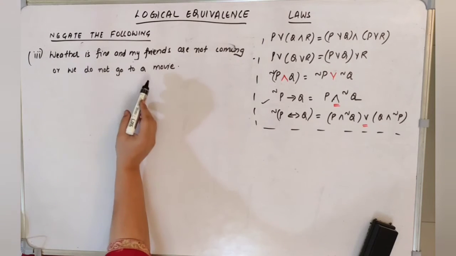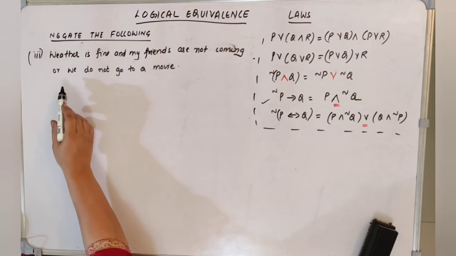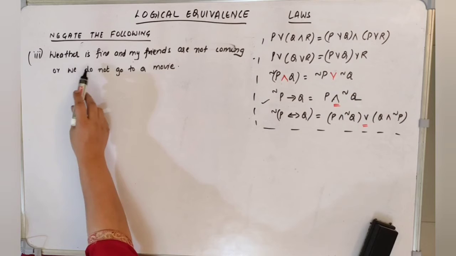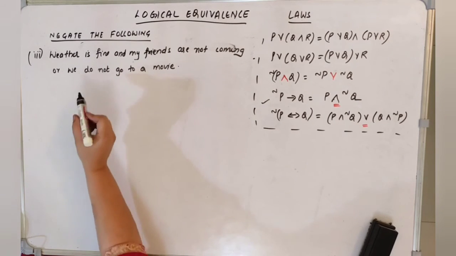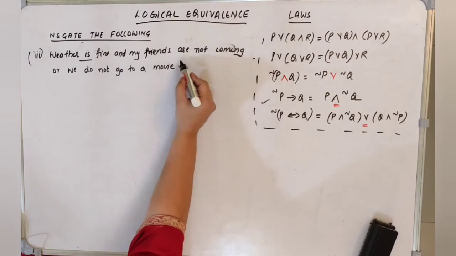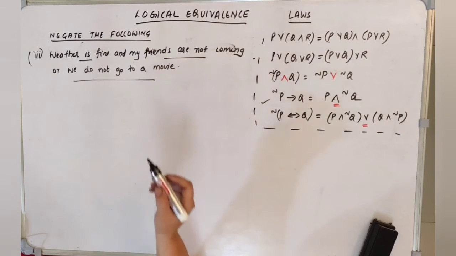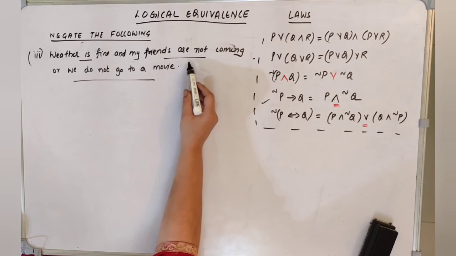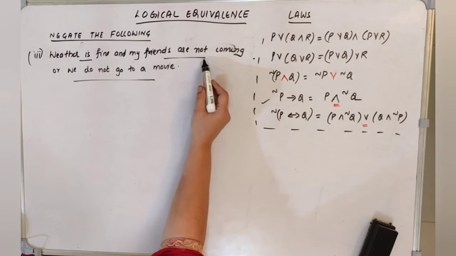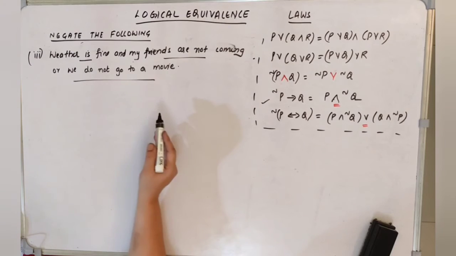Now, in this particular example, first what we have to do is identify the propositions. We have three propositions here. Weather is fine, friends are not coming, and we do not go to a movie. So let's call this P, Q, and R. Now remember one thing, whenever we are going to write the propositions or the statements, the not should not be there. It should be positive basically. It should not be negated ones.